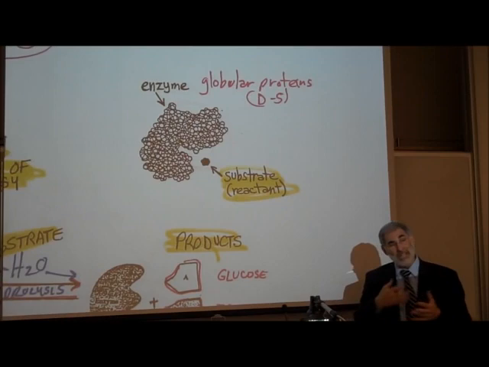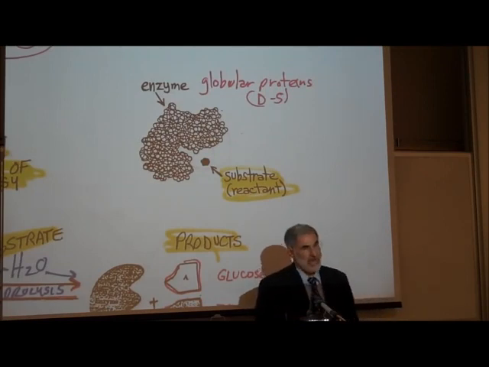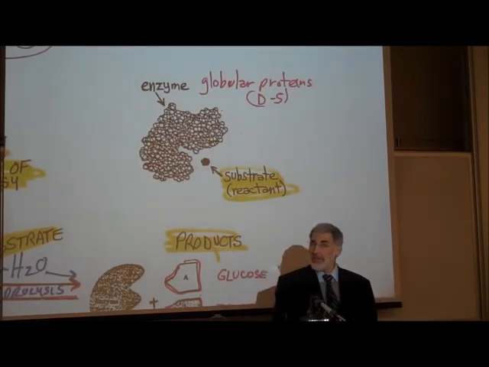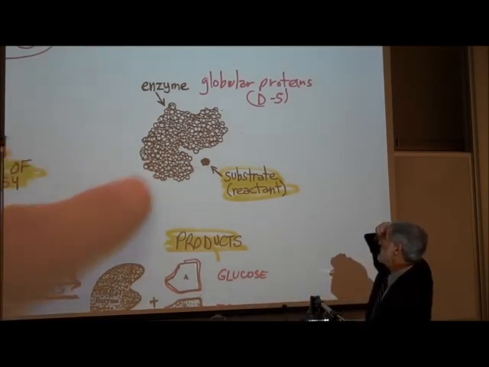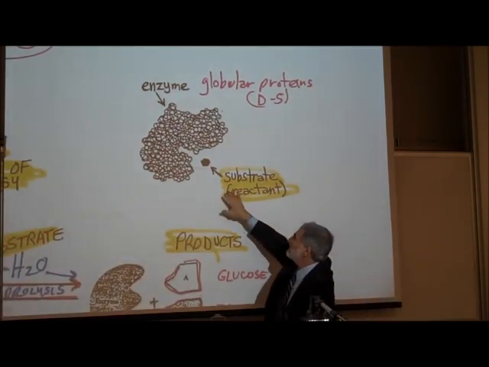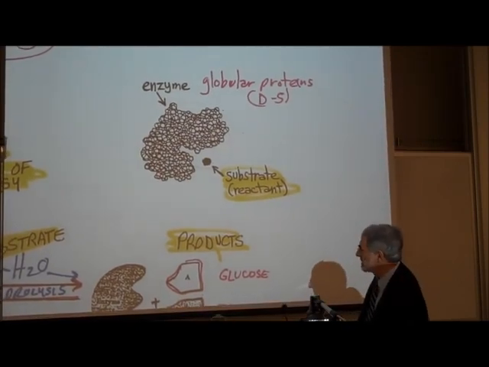And each one of these chemical reactions is catalyzed or caused to happen by a different enzyme. So if there are thousands of different kinds of chemical reactions, there must be thousands of different kinds of enzymes. Now, the way that the enzyme works is it attaches to a chemical. And the chemical that an enzyme attaches to is known as the substrate or reactant.